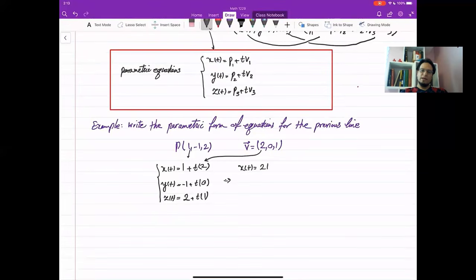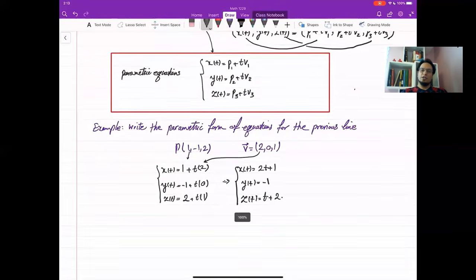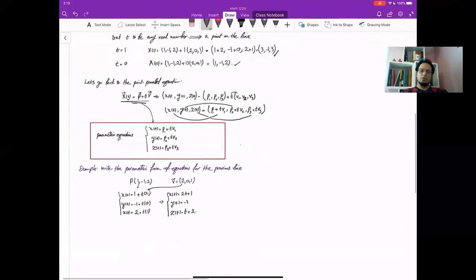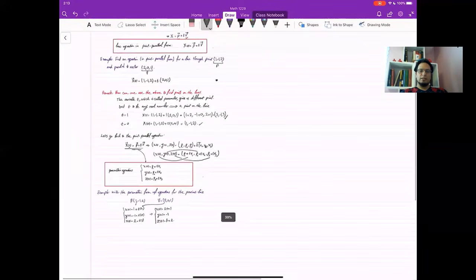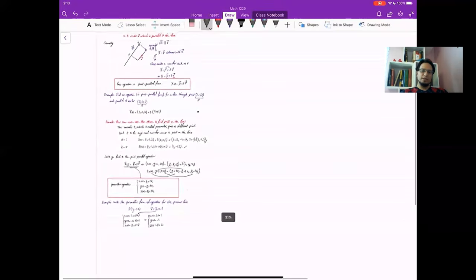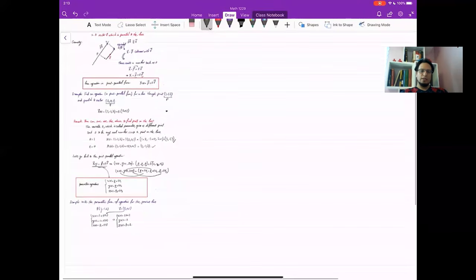So let me simplify. x_t is 1 plus 2t, or 2t plus 1, y_t is negative 1, and z_t is t plus 2. You have to be able to write the equations of the line in parametric form, and you have to understand both forms and use them in different situations.